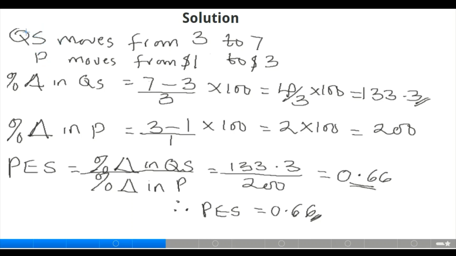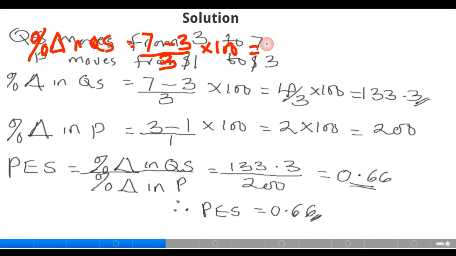Using our formula, the percentage change in quantity supplied is the new quantity minus the old quantity, divided by the old quantity, multiplied by 100. This gives us 4 divided by 3 multiplied by 100, and our answer is 133.3. That's our percentage change in quantity supplied.